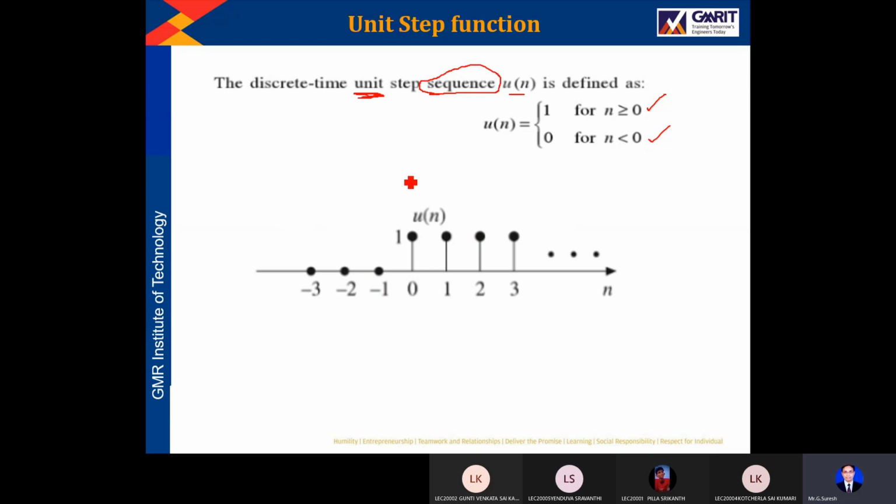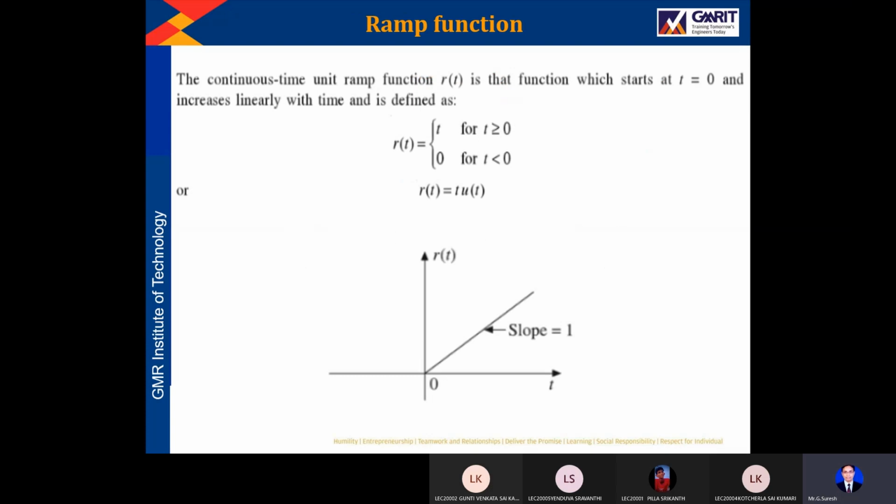That's all. Now we move on to the ramp function or ramp signal, where this ramp signal is defined as its amplitude is t, for t greater than or equal to 0. That means at 0, what is the x-axis?